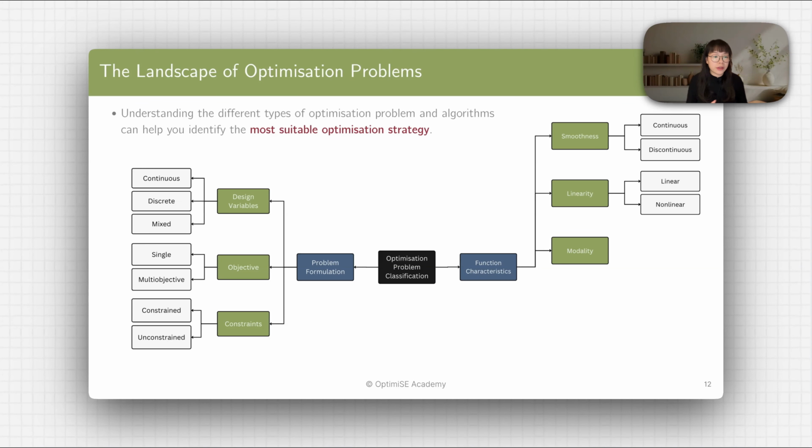Now, another way to characterize function would be modality. This is specifically about the objective function. We can have a unimodal objective function or a multimodal objective function. A unimodal objective function simply means that there's only one minimum or optimum. If we have a multimodal problem, then it means there are actually many or more than one optimal points.